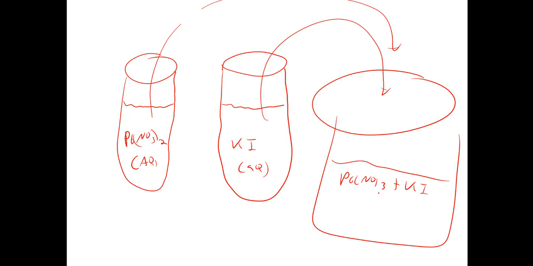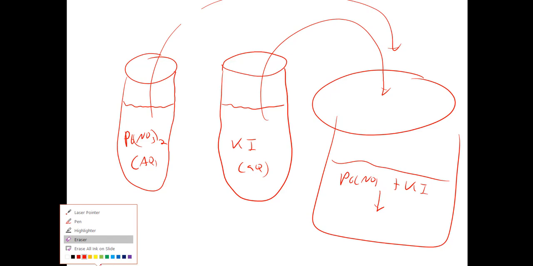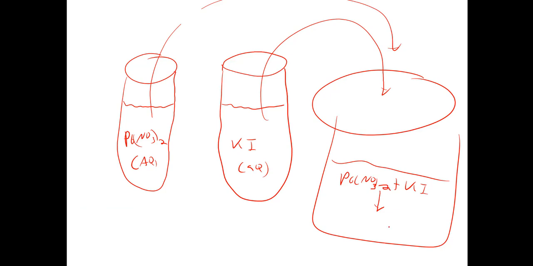Now this is a straightforward double replacement reaction. It's Pb(NO3)2. My bad. But again, this is going to be a straightforward double replacement reaction.